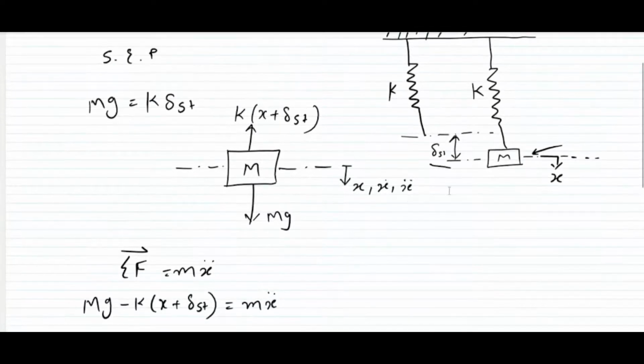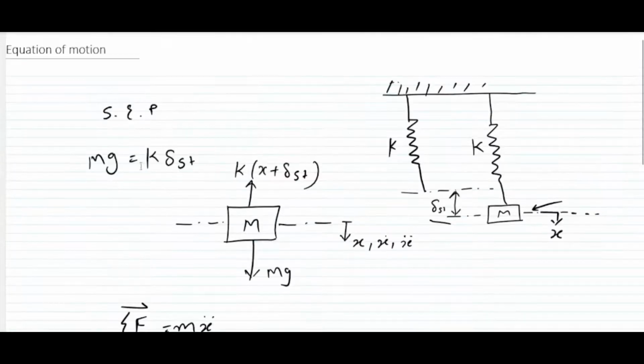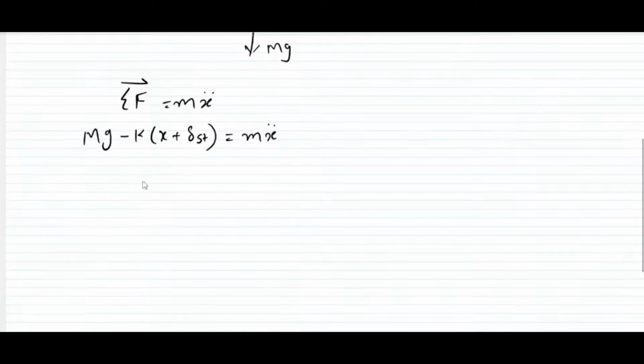We know that at the static equilibrium position, mg is equal to k delta st. So here the mg and k delta st cancel out. The remaining term is kx equal to m x double dot.